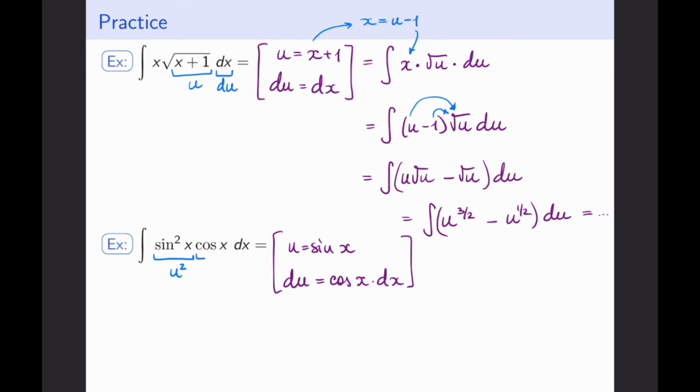And then cosine x dx is actually my du. So my integral becomes really simple right away. u squared du. I can integrate this instantly with the power rule, and then I can replace u with my original variable, which is sine x, and get my answer right away.